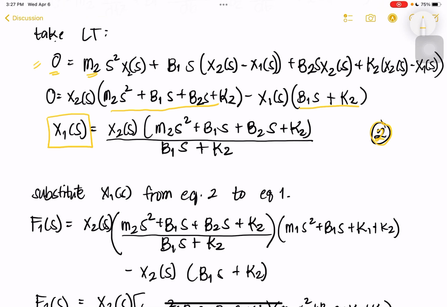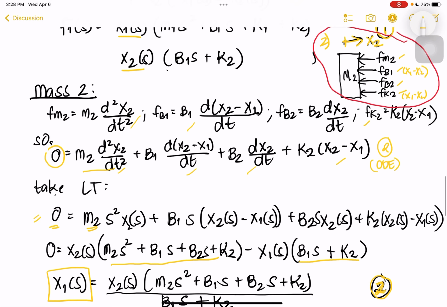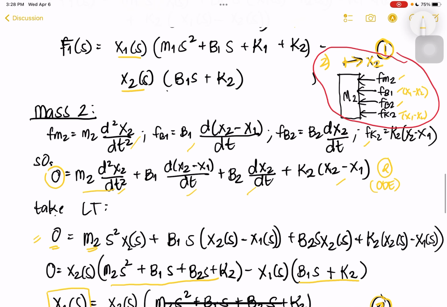So now that we have X1 of s from equation number 2, we can substitute this into equation number 1. Our equation number 1 is this.